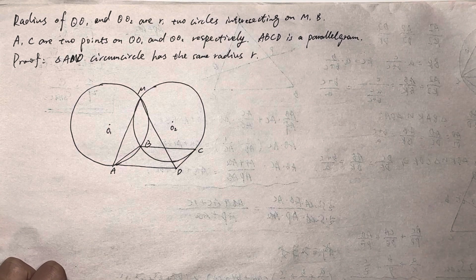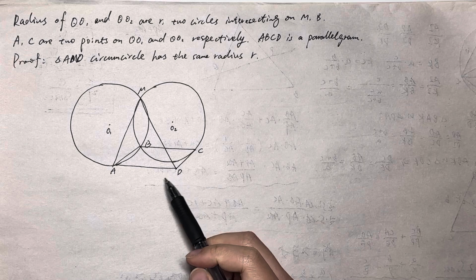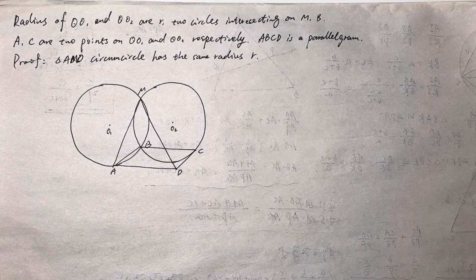In a previous video, we proved a problem showing that two triangles have the same circumcircle radius. So based on that experience, let's think about this problem.